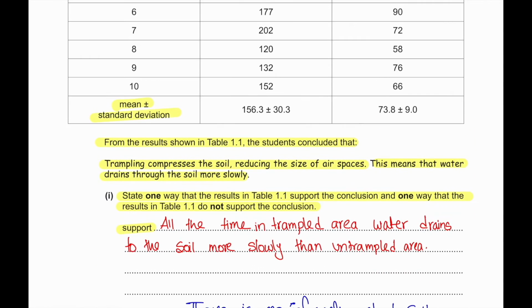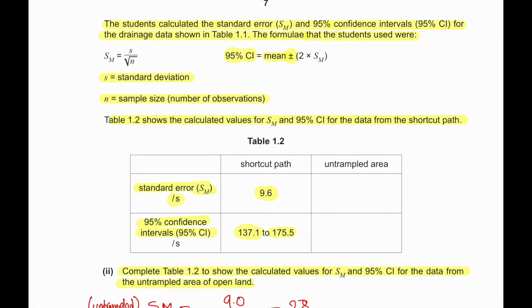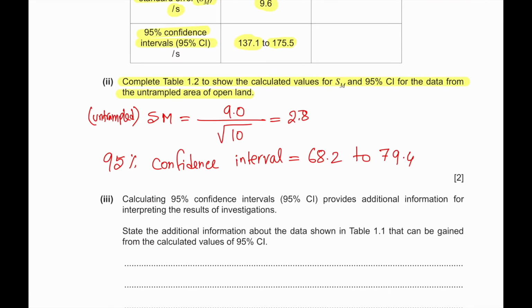Here we had 73.8, so the method should be 73.8 plus 2 times 2.8, which equals 79.4. And for the lowest value it is 73.8 minus 2 times 2.8, which equals 68.2. So that's how we get the 95% confidence interval.